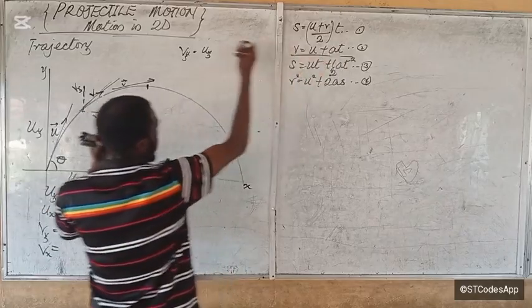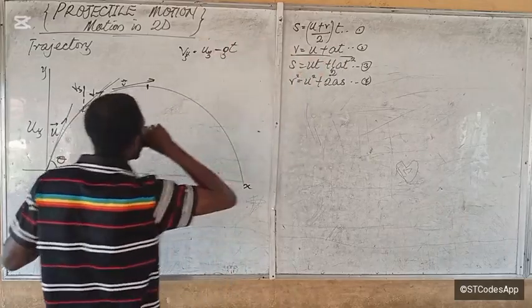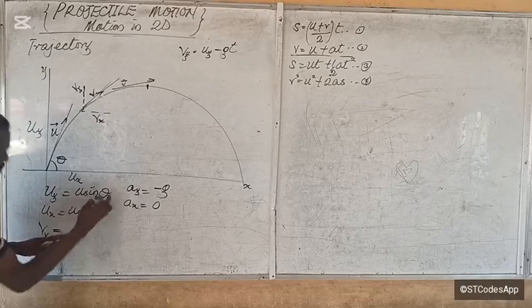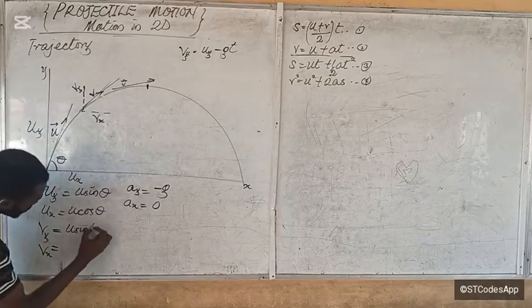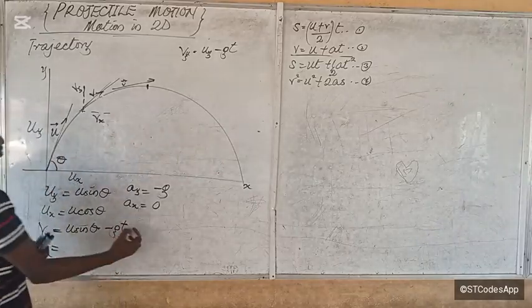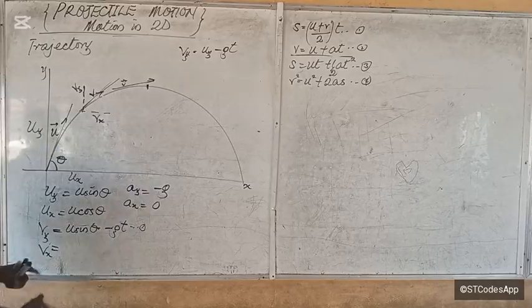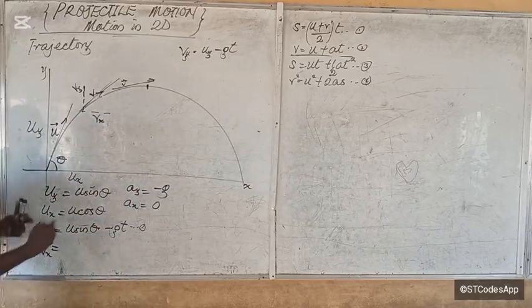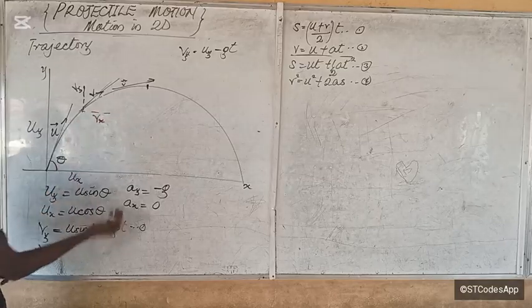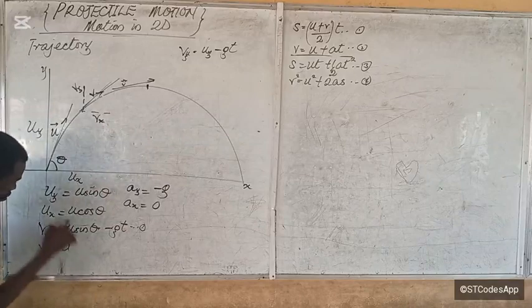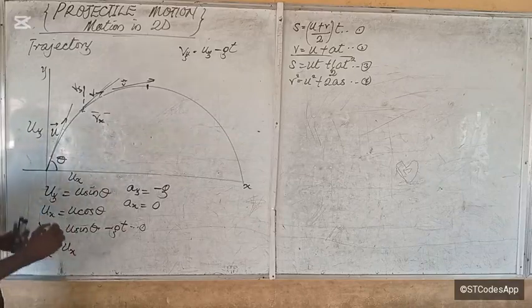If this be the case, then I can say that my acceleration here, using this equation, a is going to be minus g. So if I bring this here, u sub y is going to be u sine theta. So I have u sine theta, then minus gt. Let's call this equation 1. Then v sub x, since the velocity did not change at all on the x-axis, is the velocity at a particular point in time here, and it is going to be u sub x, because it did not change at all.